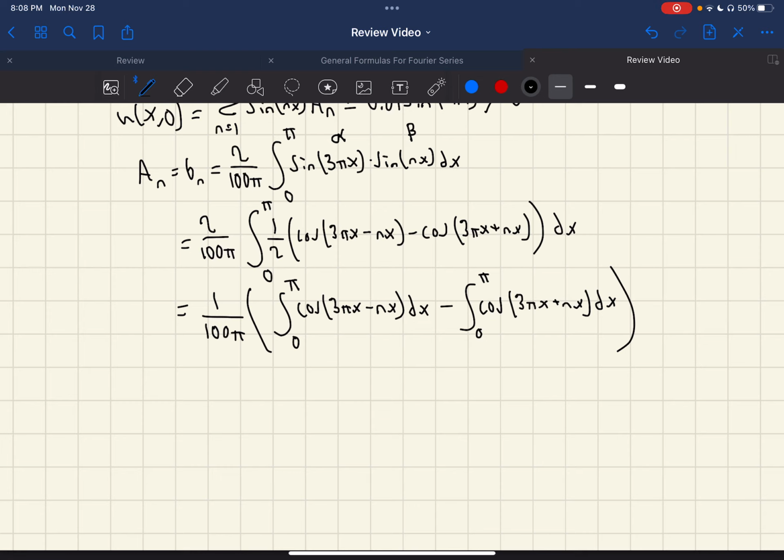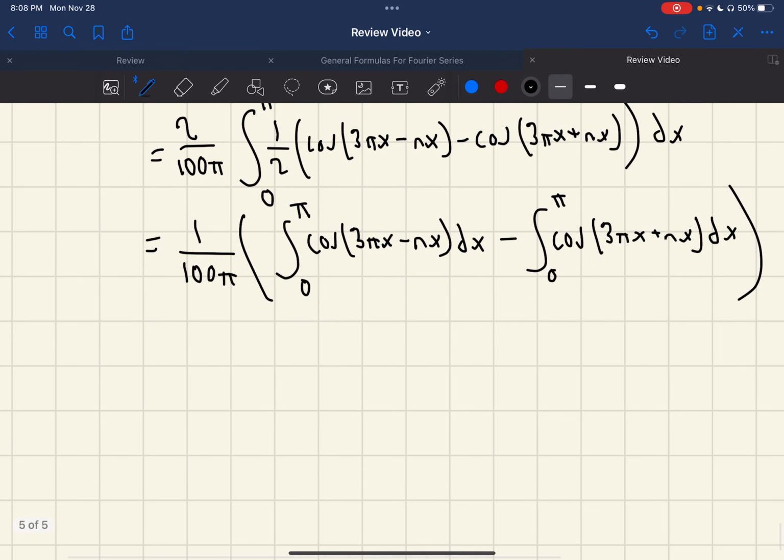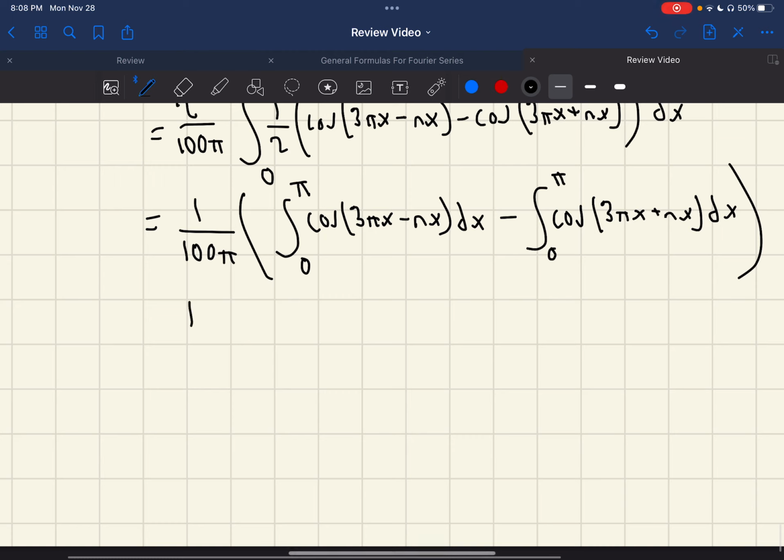Now I have two integrals that we can solve using u substitution, or, similar to the way I did it for the heat equation, we can just take the integral of the trig function and multiply by the reciprocal of the non-x terms inside. So I'll just write it out because that probably makes more sense.